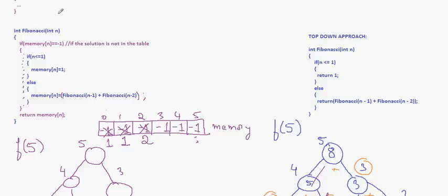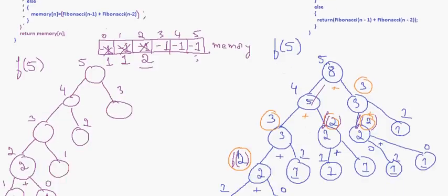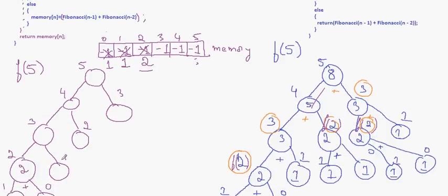So when we call Fibonacci of 2, it is already present here, so it's 2. It will not go inside this calculation mode, rather it will return from the table. So it's the value 2 plus Fibonacci of 1 is also present in the table, so it's 1. So this will be 2 plus 1, 3.